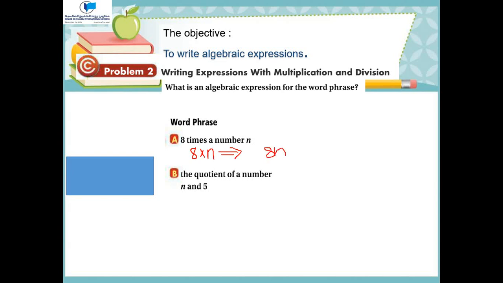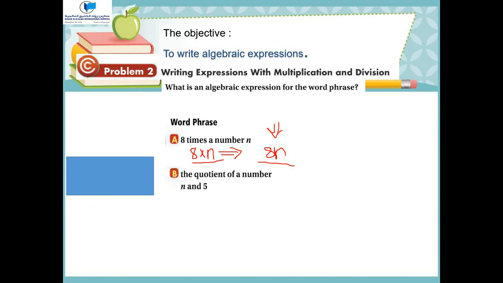If you see a variable stuck with a number like this without any sign between them, that means multiplication. So this one and this one are exactly the same. I usually prefer this way. Why? Because this looks like a variable, but it's not a variable, it's an operation. So you must know the difference between them.